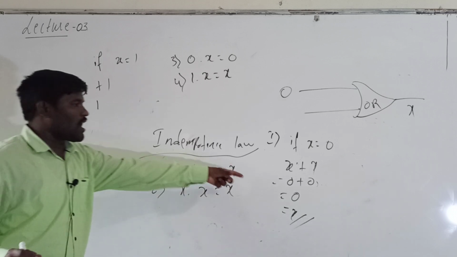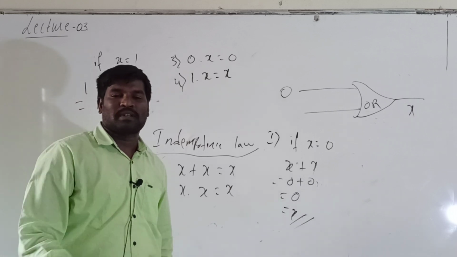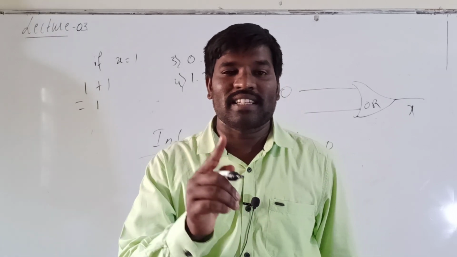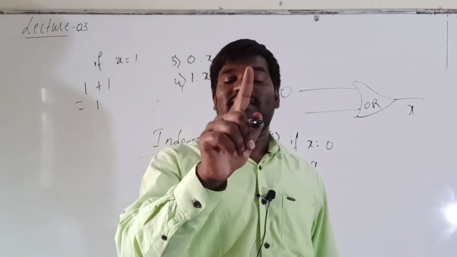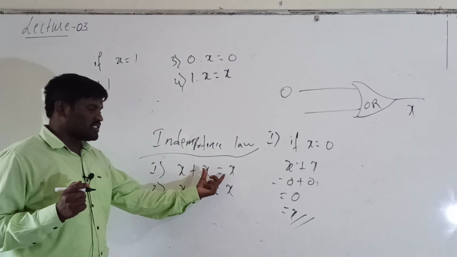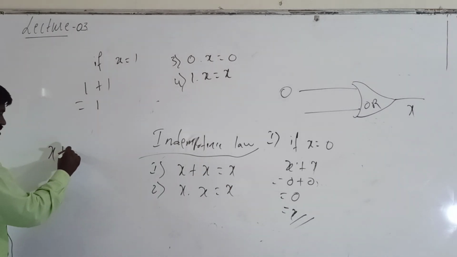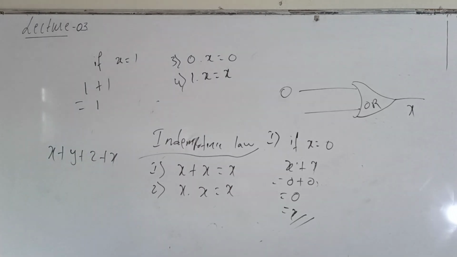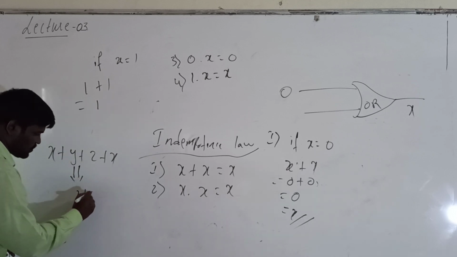So how is it applied in an expression? Suppose the Boolean expression consists of more than one x, it is considered as a single x. See here, x plus x is equal to x. Suppose the Boolean expression consists of x plus y plus z plus x, it means that it is equivalent to x plus y plus z.